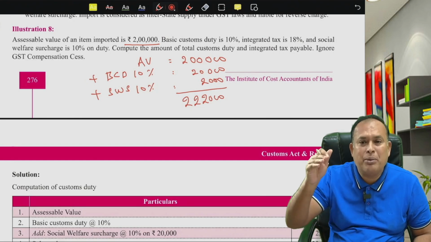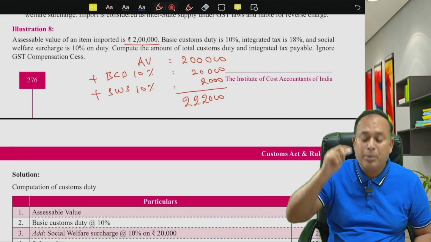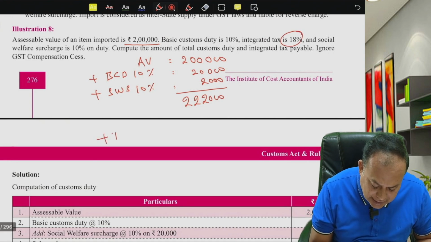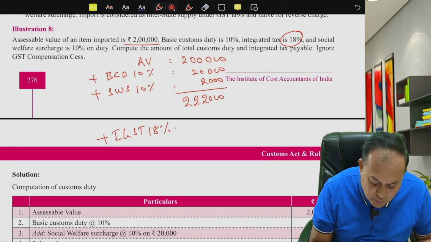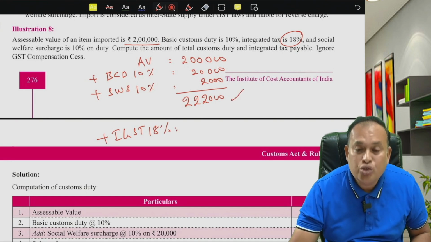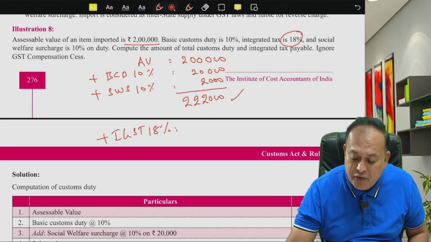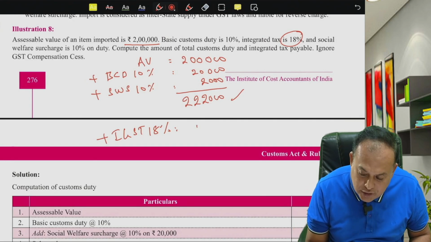But in the given problem, what is on the screen is 18% IGST. Therefore, now I am charging IGST on imported goods, which is 18%. 18% on what? On 2,22,000 rupees. If you take 18% on 2,22,000 rupees, it is 39,960.